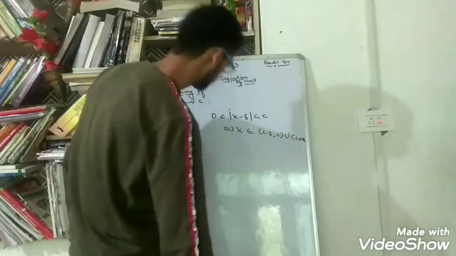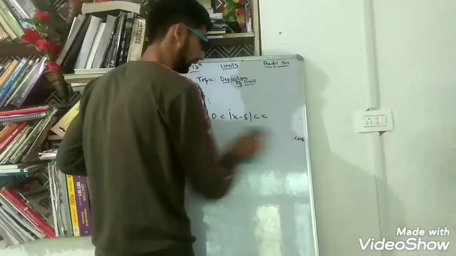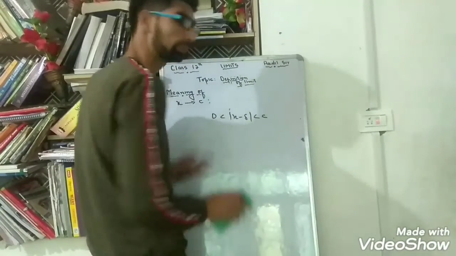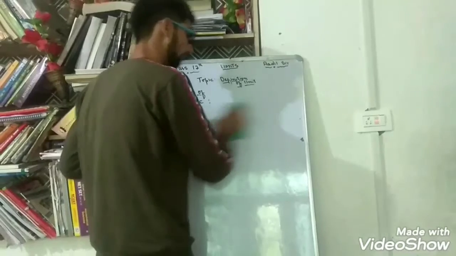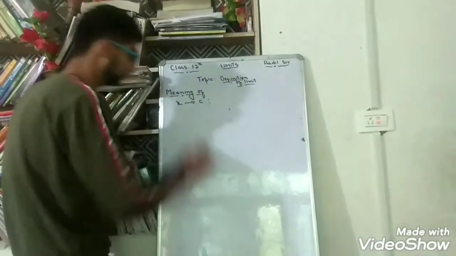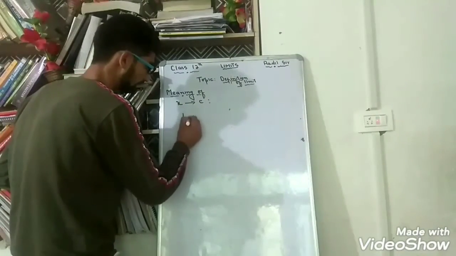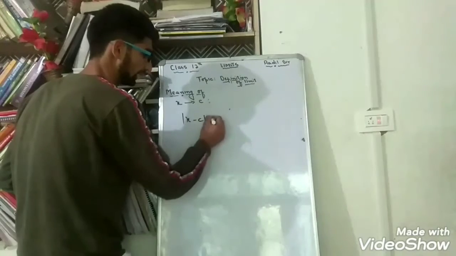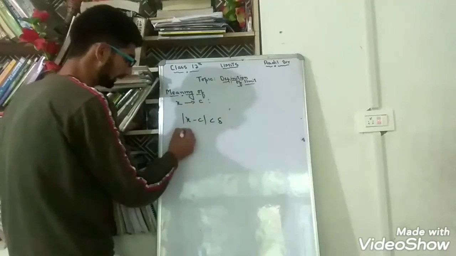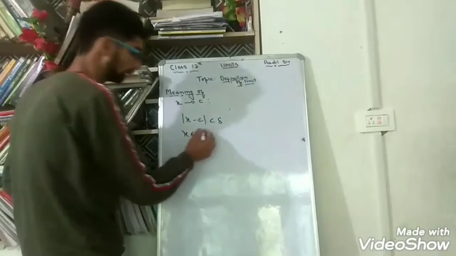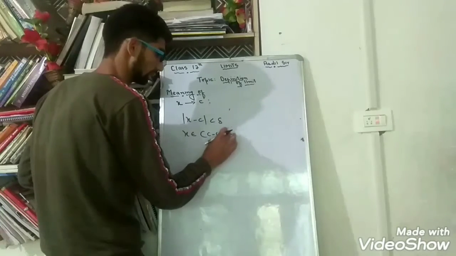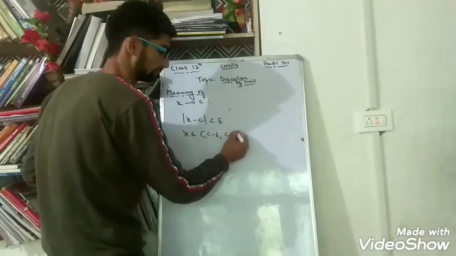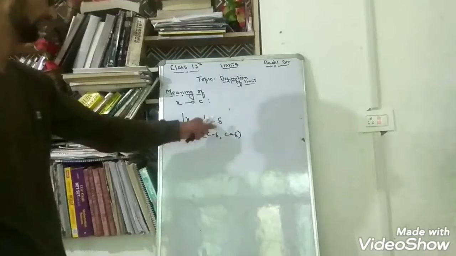We have already discussed it in the past lecture. We also have the meaning of |x minus c| less than delta: that means x belongs to the neighborhood of c, from c minus delta to c plus delta. We write it like this.